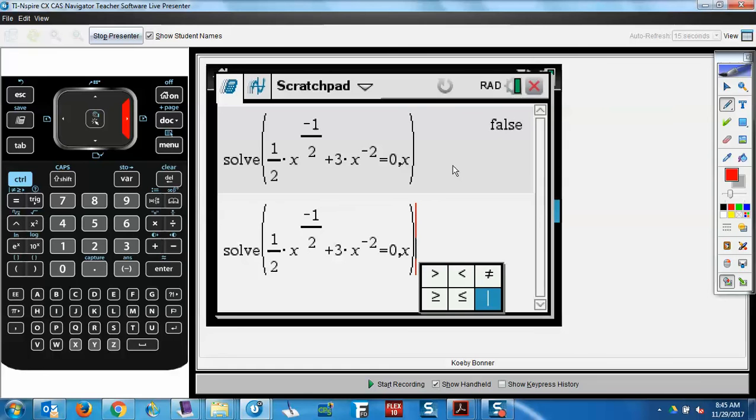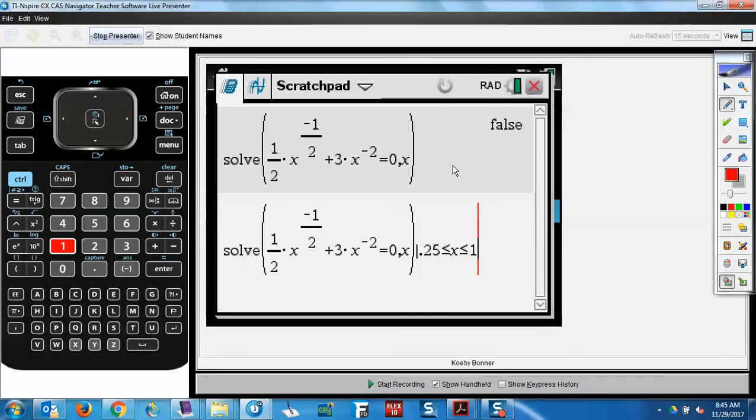Grab the vertical bar, that means with or such that, and now go 0.25 less than or equal to, so that's under the equal sign as well, control equal. It was a closed bracket, and then x, and then less than or equal to, and then 1.